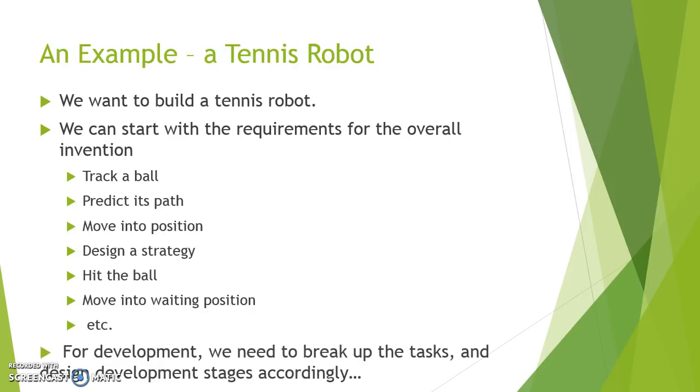But if we wanted to develop this robot, we would typically break up each one of these tasks and design development stages accordingly. And in fact, the teams for those individual functions might well do the same process again and subdivide further.